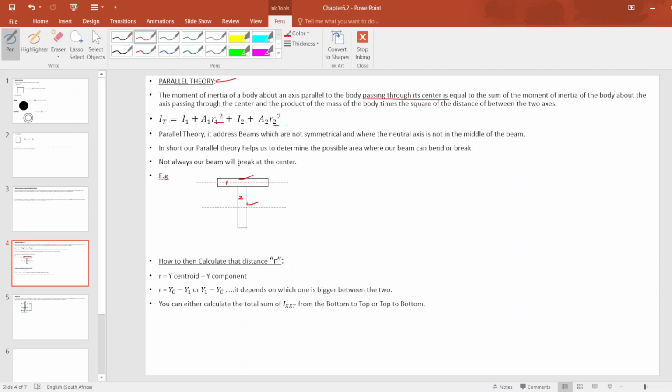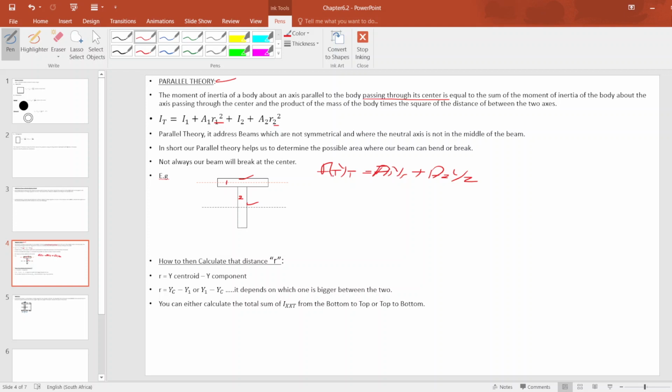Now, the parallel theory is the combination of the area moment formula and the moment of inertia, since we are calculating the total sum of the moment of inertia. Remember, the moment of area is area T times yT equals area 1 y1 plus area 2 y2.